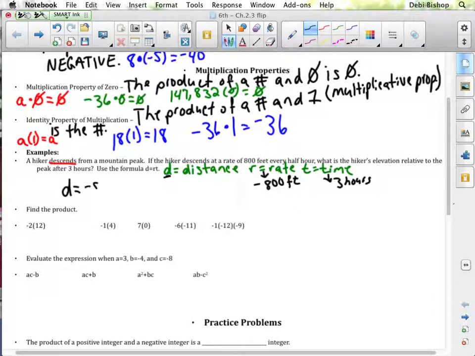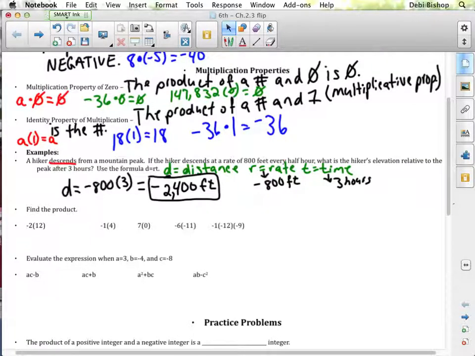So I say negative 800 times 3. And I do that, and I get a negative 2,400 feet. So that's a descension of 2,400 feet. So it descends that much. So that's an example of a problem you'll have as your homework, as a little real life example.